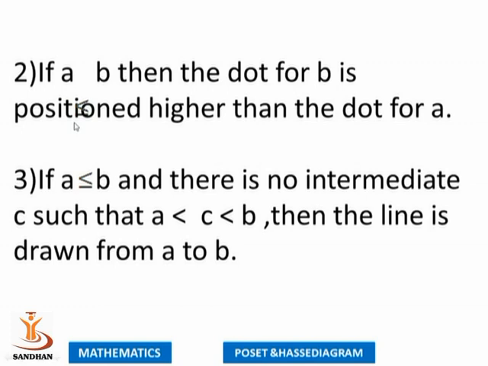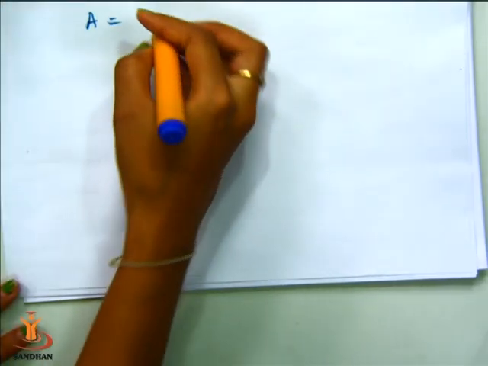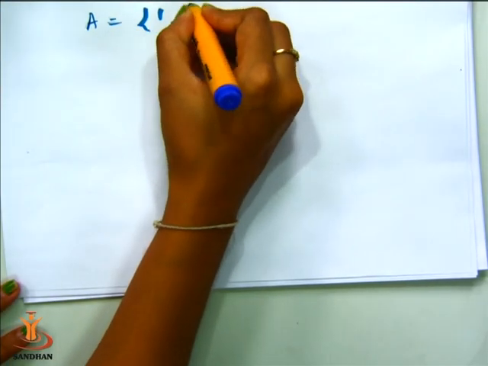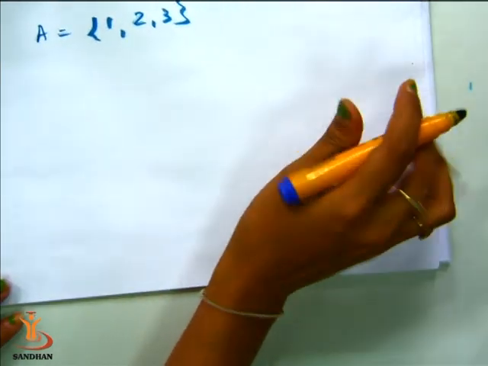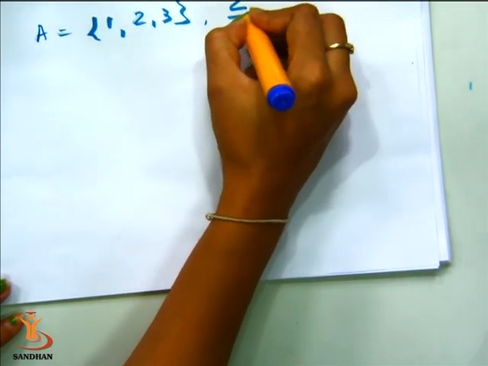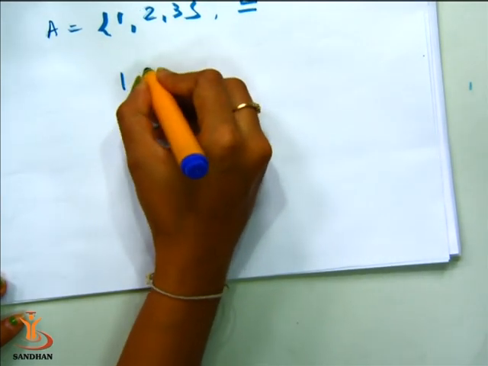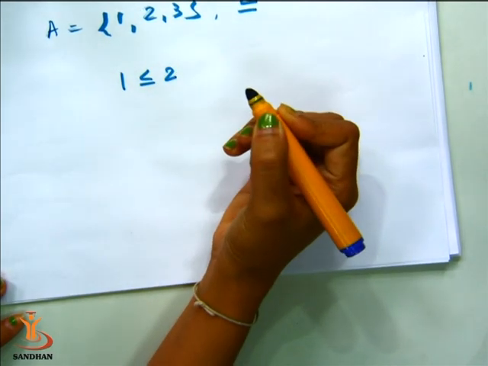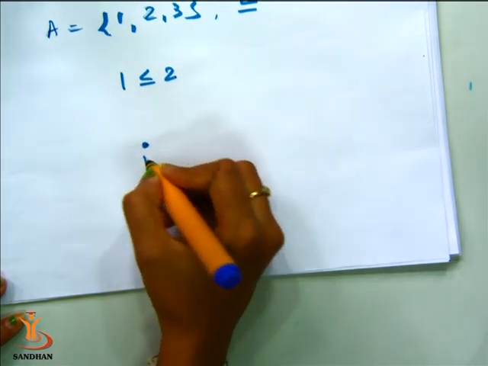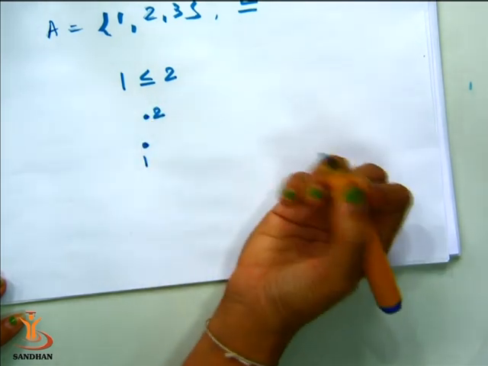Second condition, if A is less than or equal to B, then the dot for B is positioned higher than the dot for A. That means if we have a given set A equal to {1, 2, 3} and the relation less than or equal to, we already know that 1 is less than or equal to 2. So the dot for 1 is lower and the dot for 2 is upper.